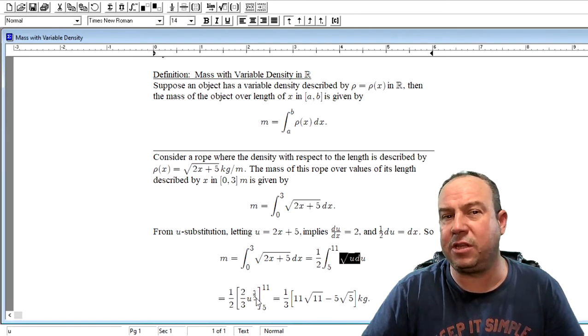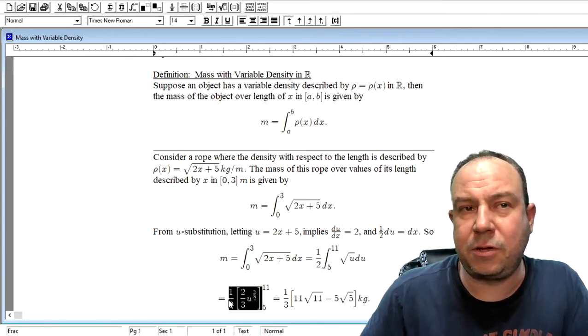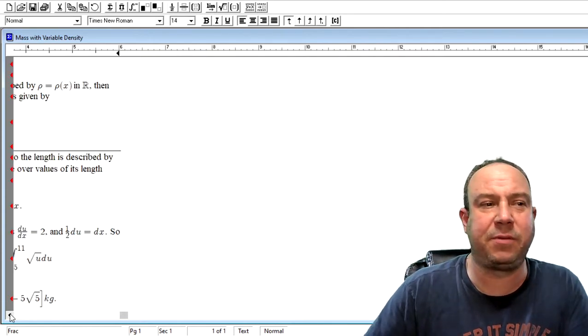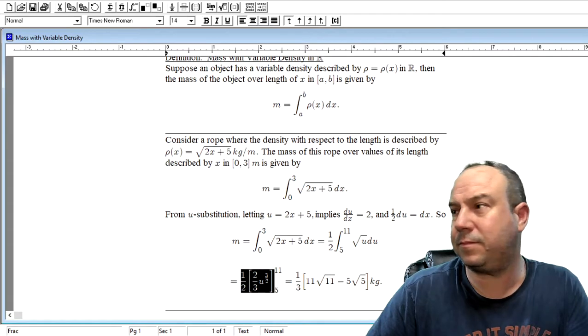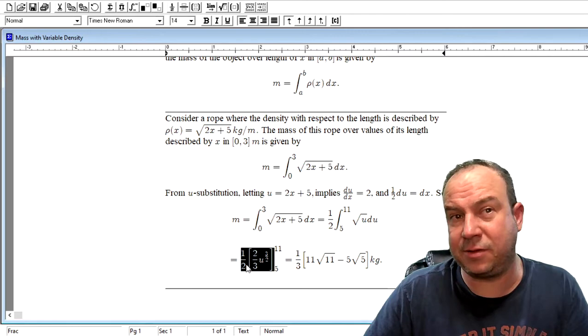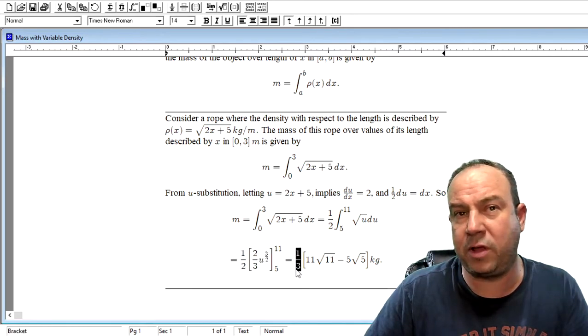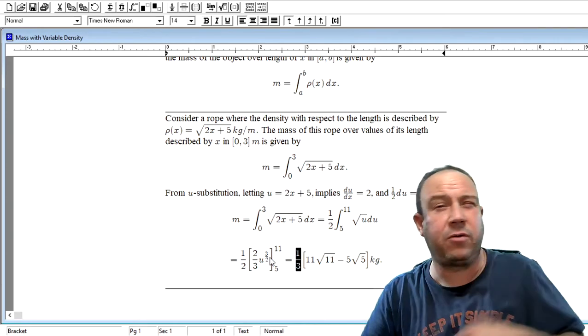Now the square root of u, its antiderivative, is 2/3 u to the 3/2 power. So the 2/3 and the 1/2 do cancel or simplify. Let me get back, jumping around here. The 2/3 and the 1/2, the 2's do cancel in the numerator and denominator there, simplifying to 1/3. And then 11 to the 3/2 power is just 11 times the square root of 11.